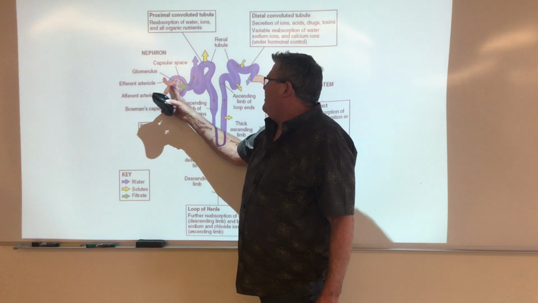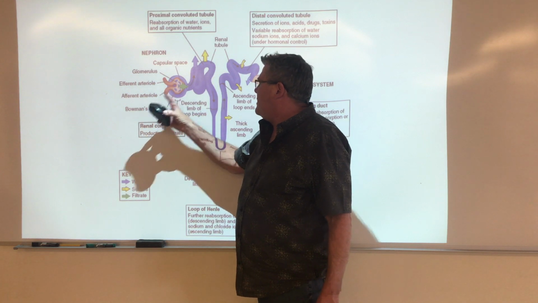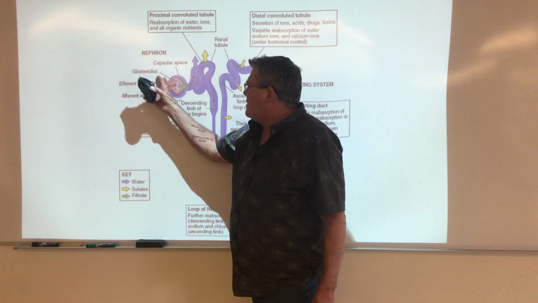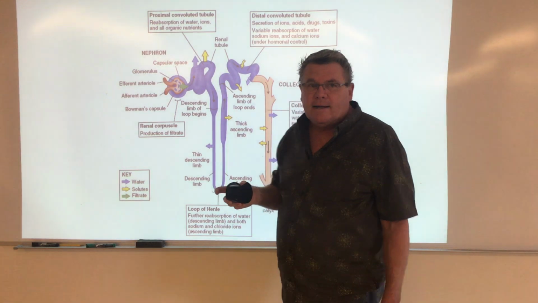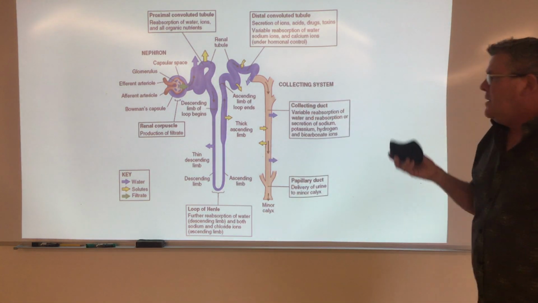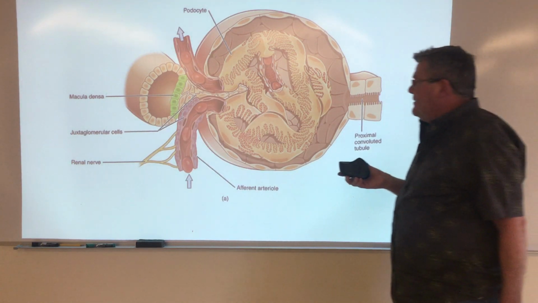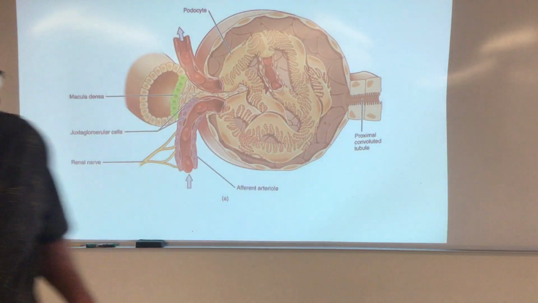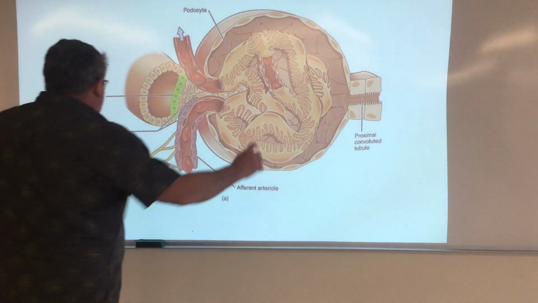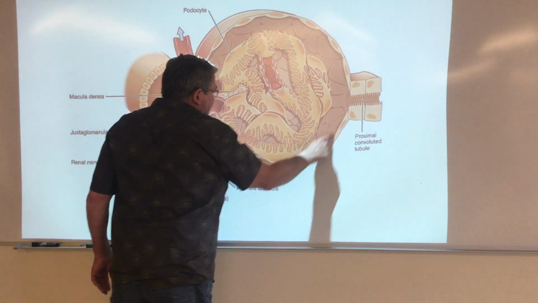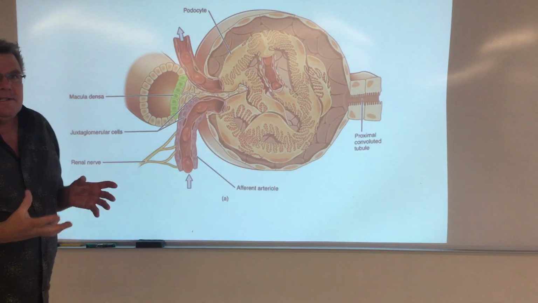We've got an afferent arteriole, so our blood supply coming in, and an efferent arteriole, so we've got our blood supply leaving this capsule. Here's what it looks like in the capsule. There's a lot going on. Now here's the capsule itself, and it doesn't really do a lot. It's simply a container.